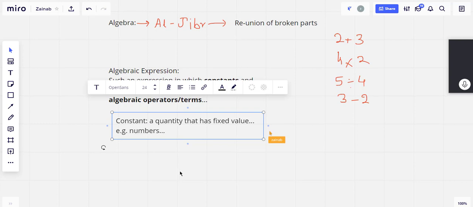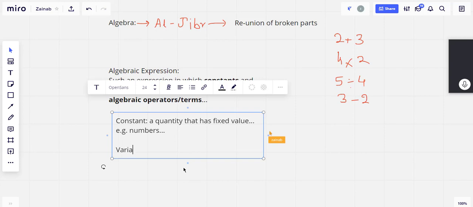So numbers are the constant quantities which have fixed values. Like if I say 2, 2 means only 2, and 4 means only 4, in each and every equation, in each and every expression. 4 will always be 4 and 2 will always be 2, and all the numbers will have the same value. This cannot happen, like in one equation 4 means 4 and in the other equation it means 3. You getting my point?